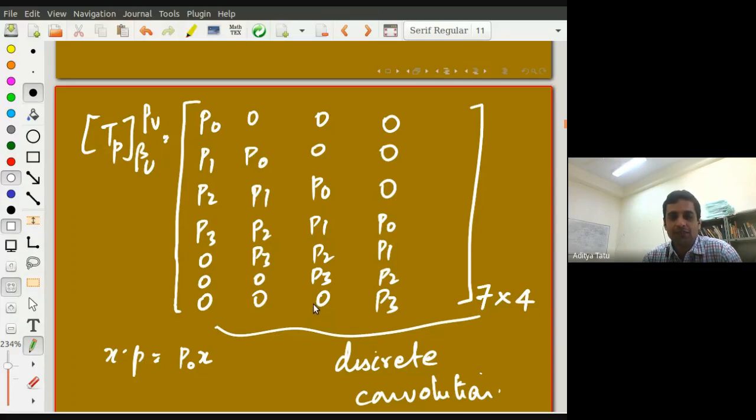Then you can sort of see that convolution is doing nothing but representing signals as polynomials and then multiplying the polynomials to get the output of the convolution. This is true as far as your discrete signals are defined over a finite interval of time.